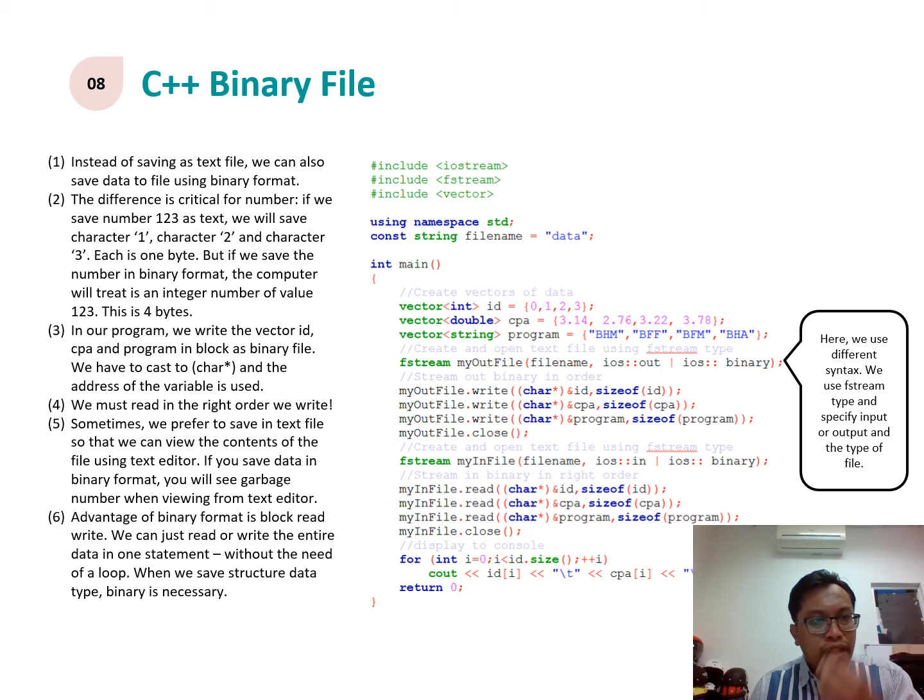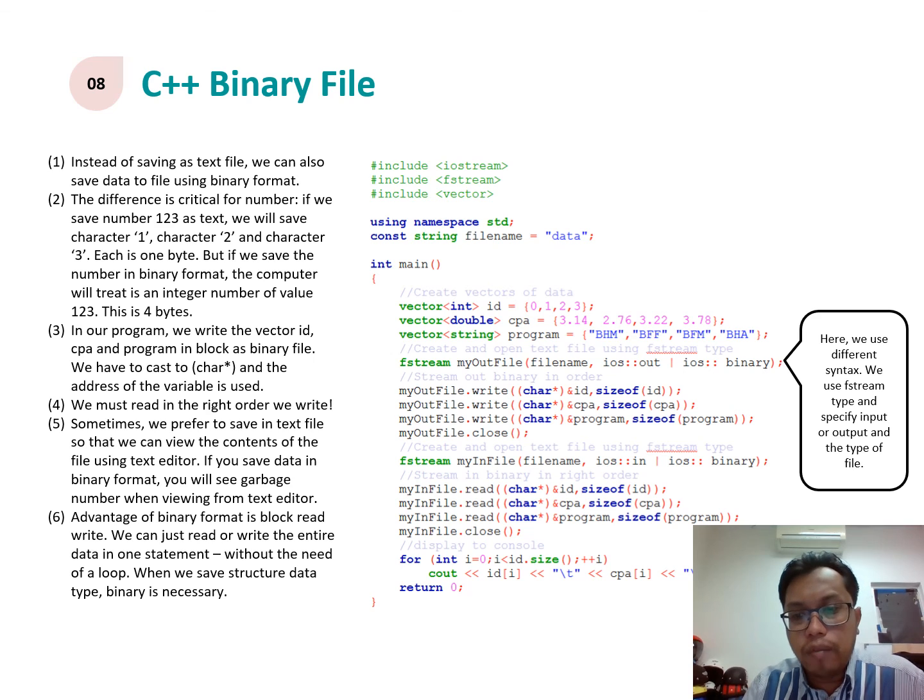Okay, other than text files, before we just learned about C++ text files, you can also save as binary values in your file. In a text file, when you save as text and open that file, you can see the string values. If you save 0, it will show you 0.